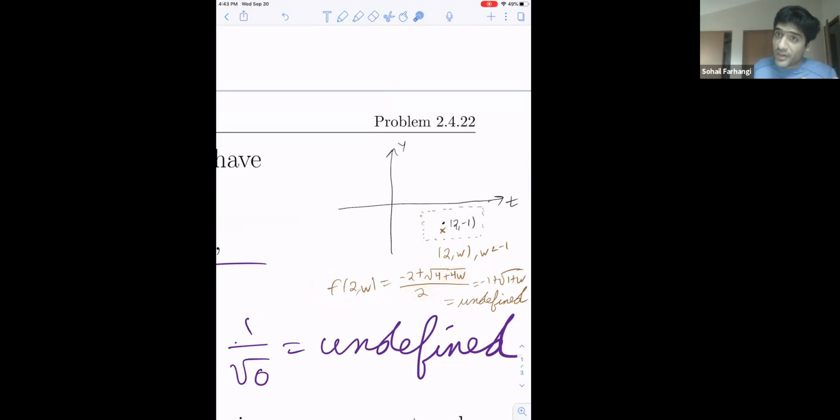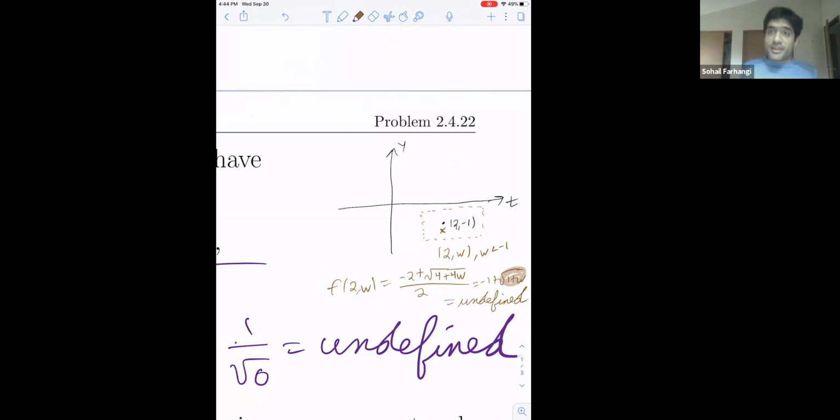If I divide by 2 and simplify, I get negative 1 plus the square root of 1 plus w, and the square root of 1 plus w is undefined because w is smaller than negative 1.